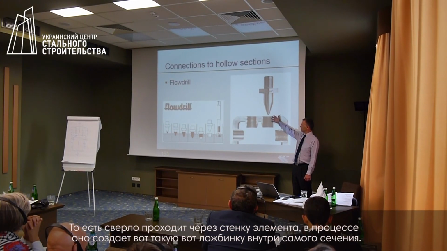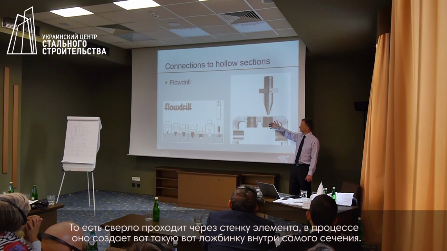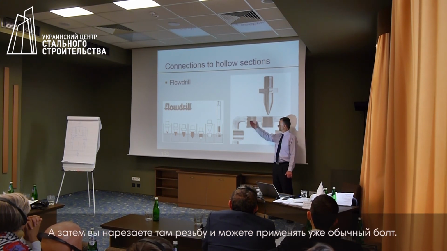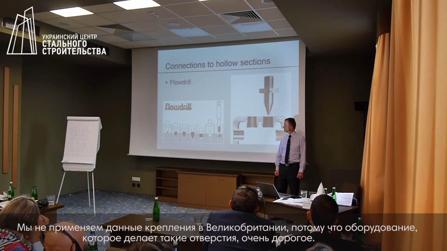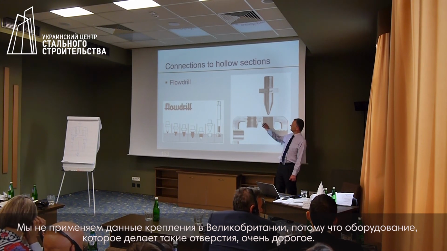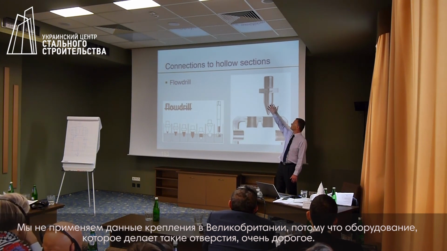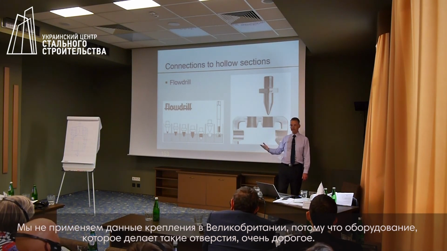So a mandrel is forced through the wall of the section. It produces this material on the inside of the section, and then you cut a thread into that material, and then you can place an ordinary bolt in that hole. Not used in the UK because the equipment to drive this mandrel through the material is very expensive.